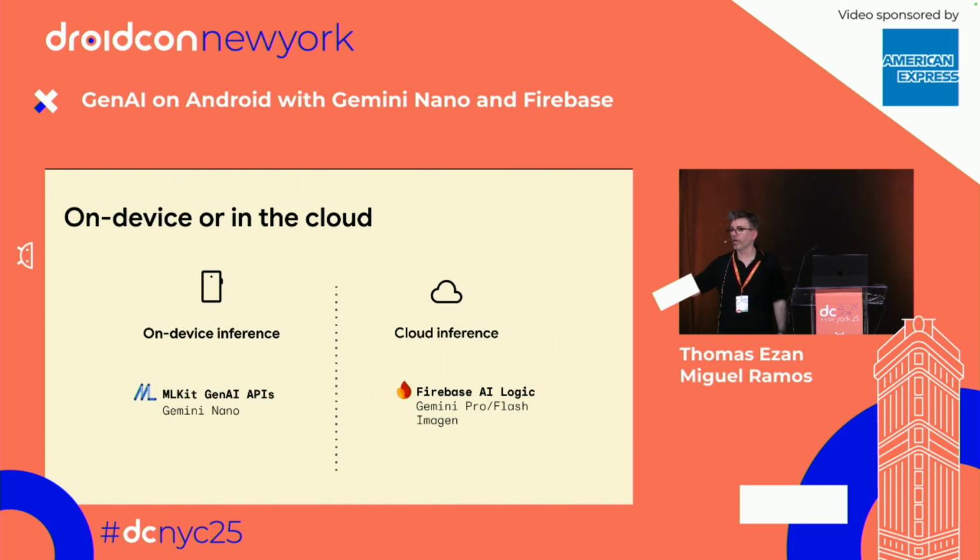There is an SDK in Kotlin that is going to make your life easier. There are many options, but this is the recommended way to go. For on-device, there is the ML Kit GenAI API. It's easy to use and a very straightforward API as well. This is what we recommend when you want to implement generative AI locally.